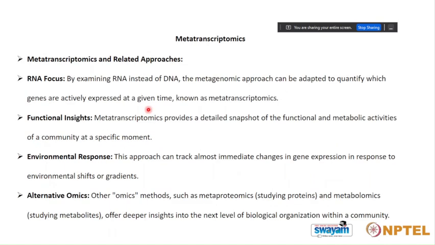So basically we'll be using these tools like metagenomics and metatranscriptomics to identify the functions and the capabilities of microorganisms in a microbial community. With the help of these tools, we can apply them in bioremediation. How can we apply these tools in bioremediation?